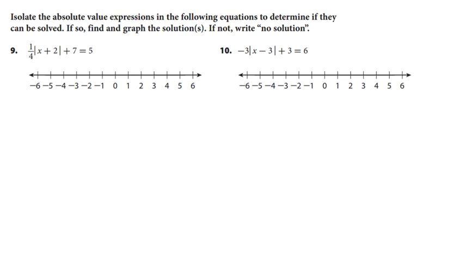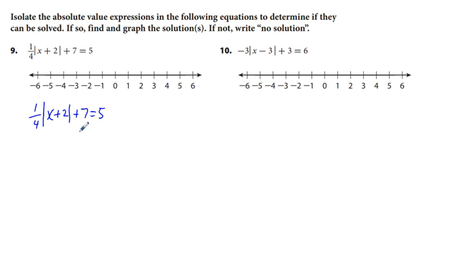Next on our problem. In this set, isolate the absolute value expressions in the following equation to determine if they can be solved. If so, find and graph the solution or solutions. If not, write no solution. Now, in this case, we have 1/4 absolute value of quantity x plus 2 plus 7 equals 5.